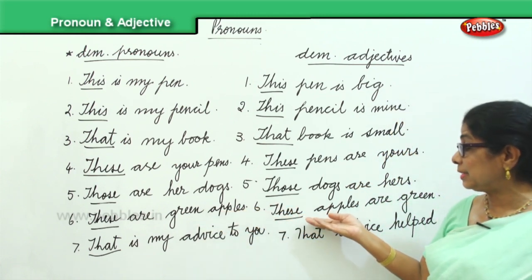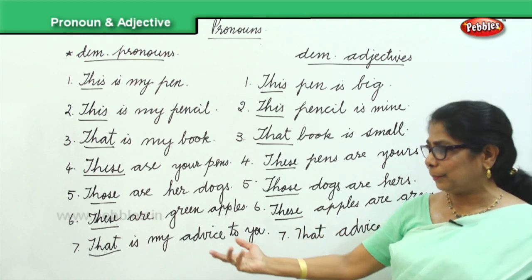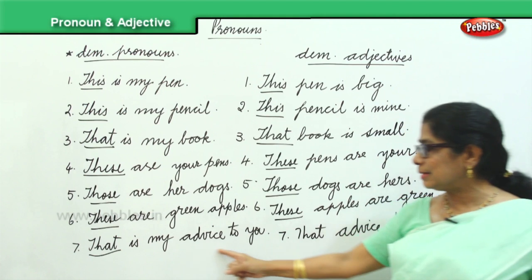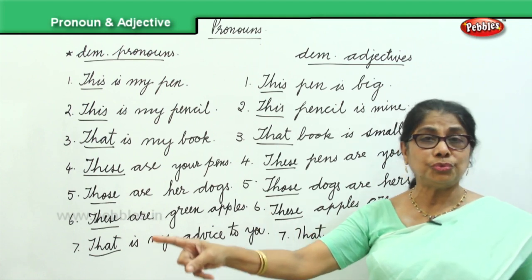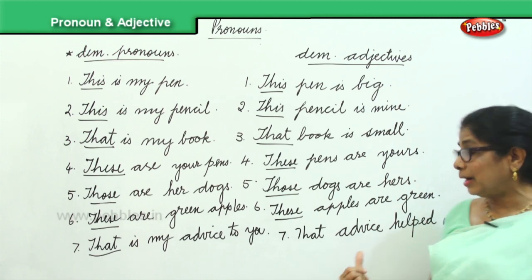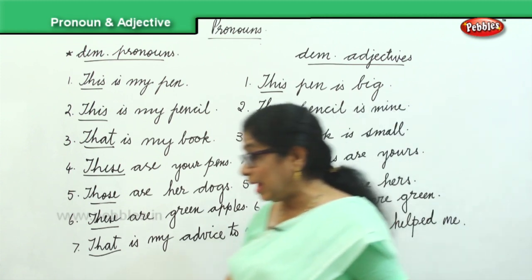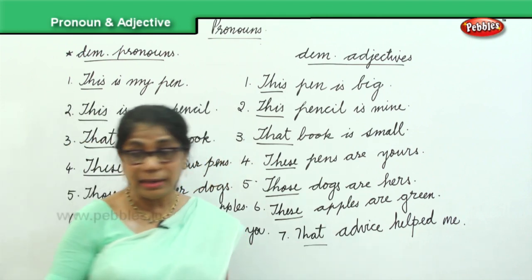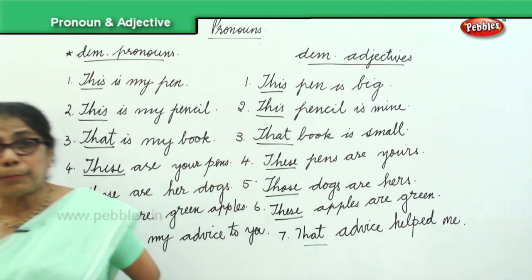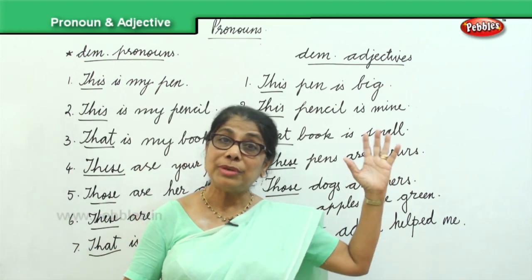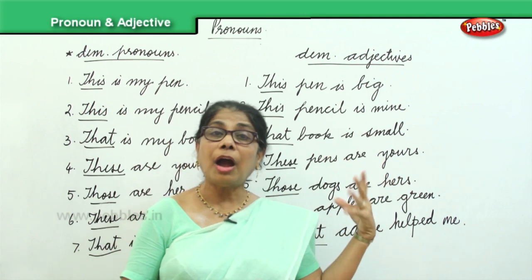Demonstrative adjective, they say, these apples are green. In demonstrative pronoun, you say, that is my advice to you. In demonstrative adjective, it becomes, that advice helped me. So now you learned the demonstrative pronoun, to use it, and then when it comes to demonstrative adjective, how it is used.